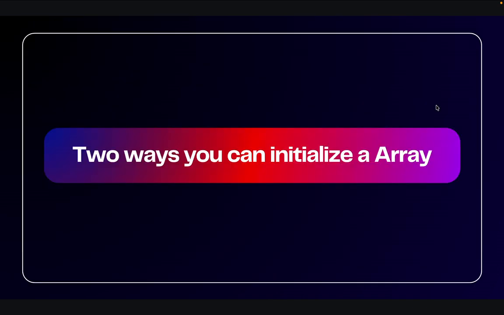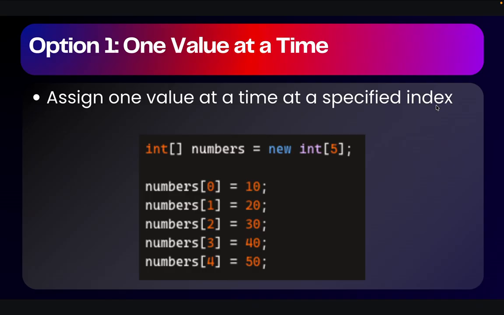There are 2 ways we can initialize an array. Your first way is going to be to assign it one value at a time based on that index, or the position within that array. If you take a look at this example, we are going to try to fill in our numbers array. In this case, we said that it's going to hold integers.